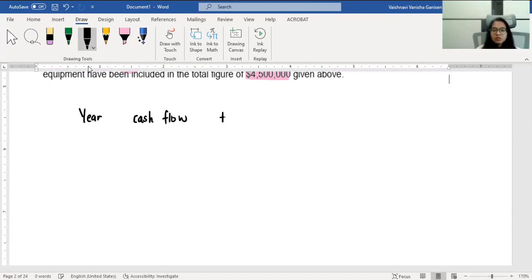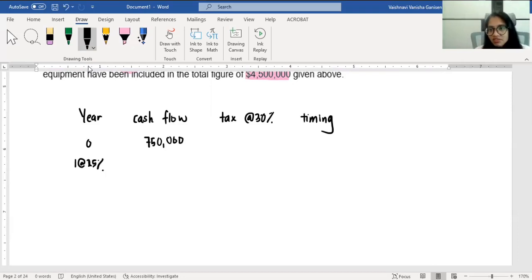Cash flow, tax at 30% and timing. Year 0, my cash flow is 750,000. Year 1, I will start to depreciate at 25%.